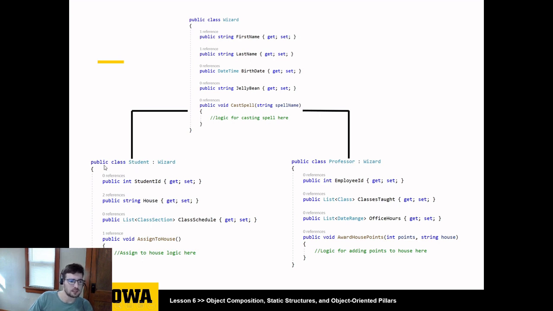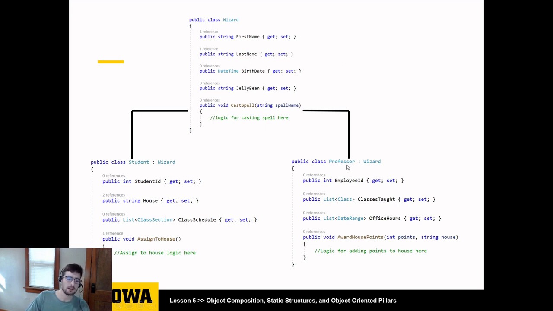So if you see the syntax here, student : wizard, we are saying that the student class is everything the wizard class is, plus this additional stuff. So it's those same three properties, and additionally, our assigned a house method is in here.